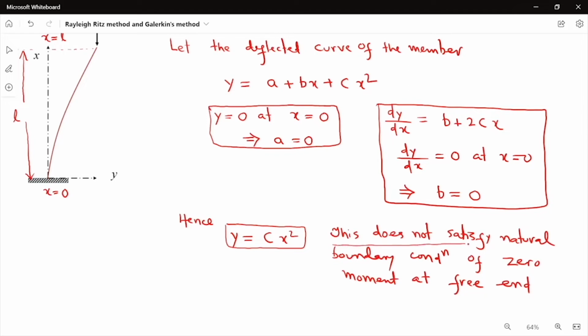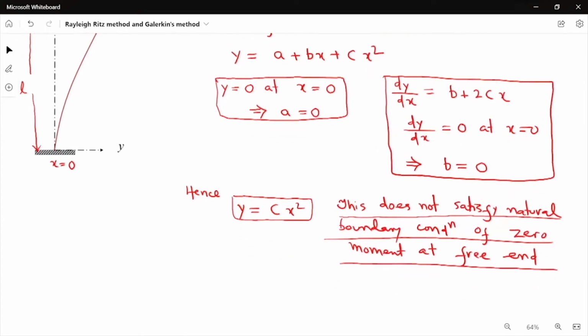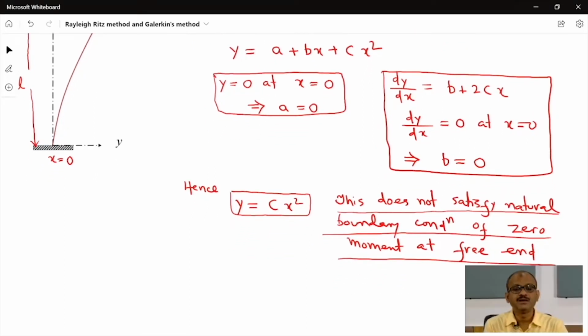These natural boundary conditions are also known as force boundary conditions, which are shear force and bending moment, and essential boundary conditions are displacement conditions, that is, the displacement as well as slope.